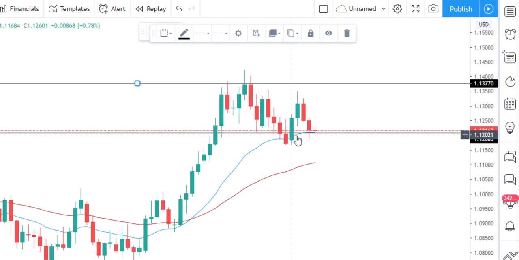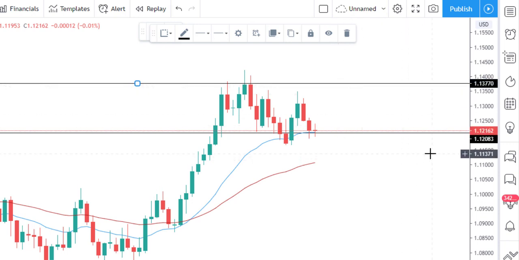Currently it's retesting the moving average, which also coincides with where the support level is. So we're going to be looking for a buy, and then targeting this area. This is where our target is going to be.